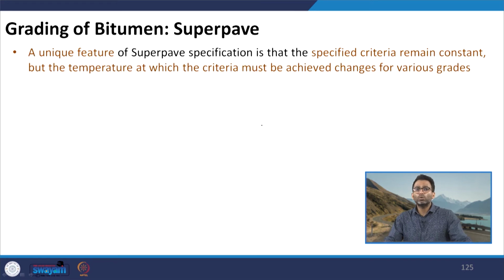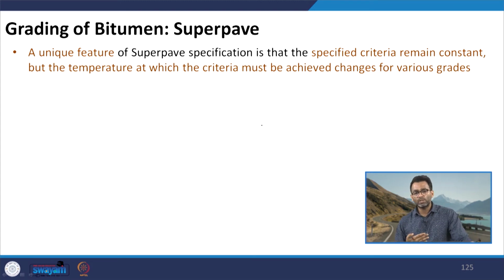So, one of the unique features of the Superpave grading system which we will be discussing is that the specified criteria remain constant, but the temperature at which the criteria must be achieved changes for various grades. Now, let us again try to understand this statement. It might appear to be confusing the first time. So, we will try to understand in reference to what we do in the usual specification.